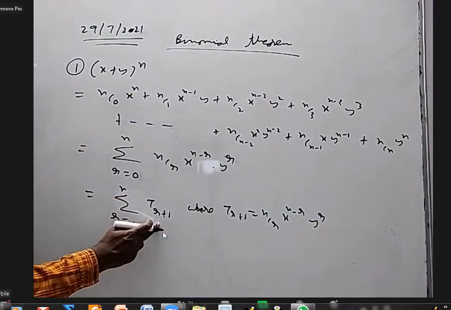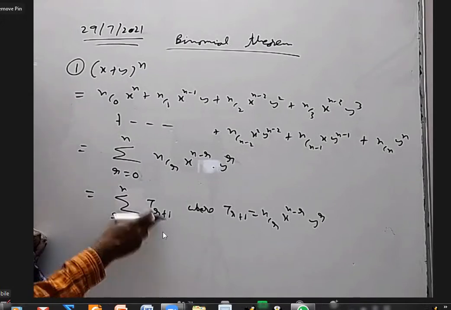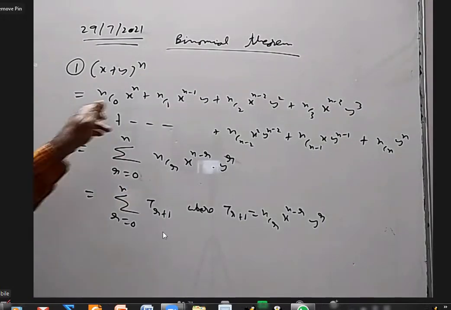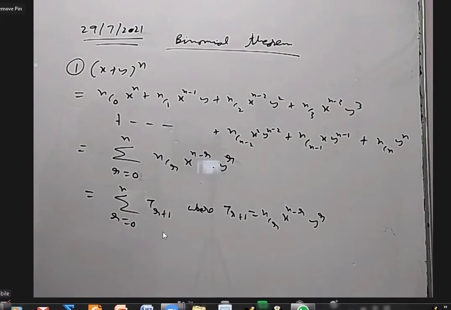If you put r equal to 0, you'll get the first term, r equal to 1 the second term, and r equal to n the n plus 1th term. Because the series has total not n terms, but n plus 1 terms.